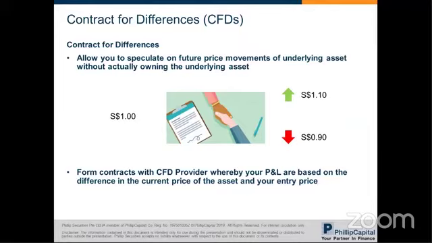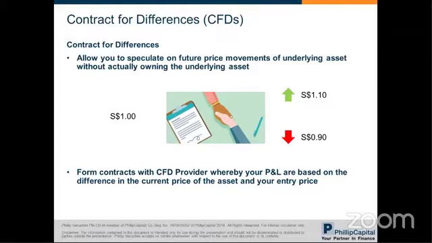As an illustration, we can take one example of a product, maybe a stock with a share price of $1. When you enter a position, you make a contract to enter at the price of $1. If the price moves up to $1.10, you make a profit of 10 cents, and if it moves down to 90 cents, you make a loss of 10 cents.